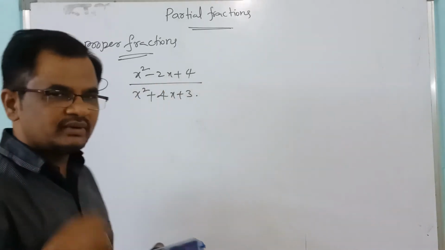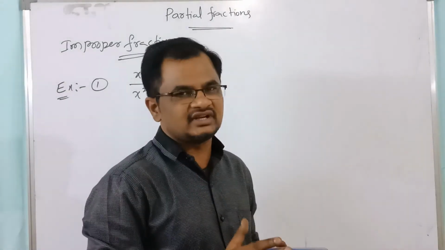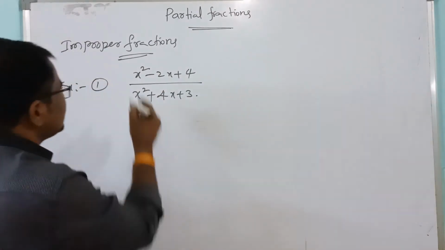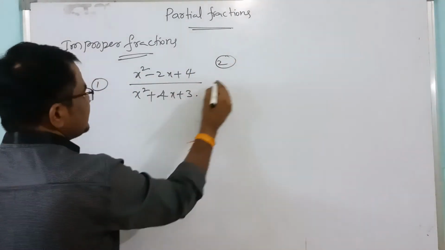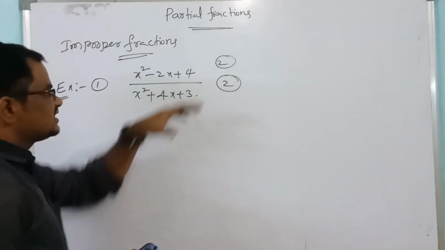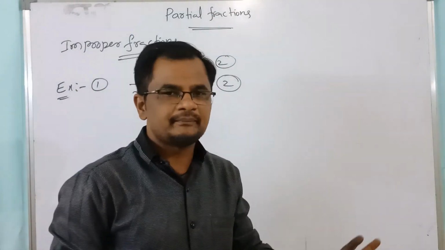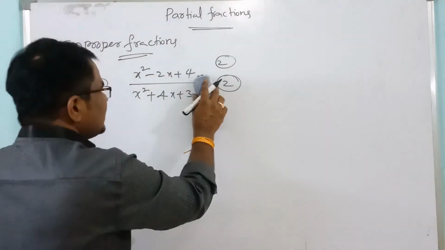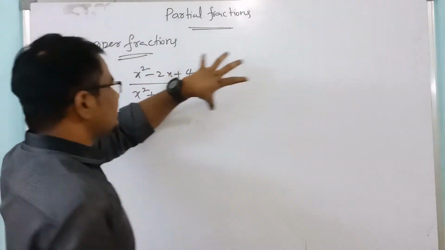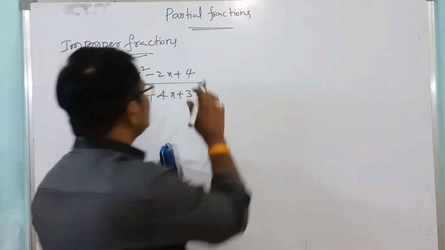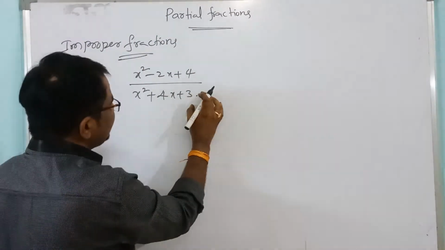Here the degree of numerator is 2, and the degree of denominator is also 2, so even though they are equal, it is an improper fraction only. Here also we have to convert into a proper fraction, by dividing numerator by denominator.